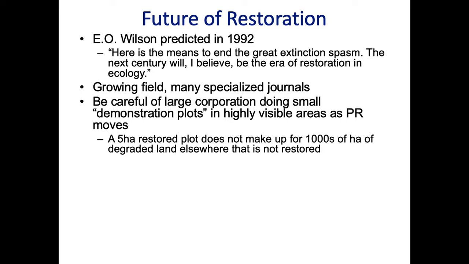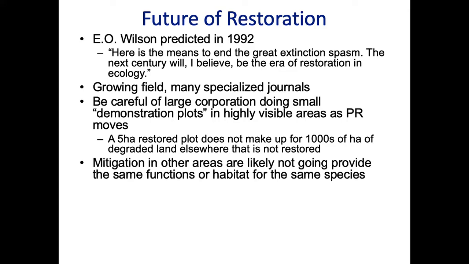Some ecosystems that are really endangered, if we can get something, even if we can't completely restore, getting them back to something closer to what they were is an improvement, but it's not a license to degrade more areas. So that is something to think about when you're thinking about restoration.